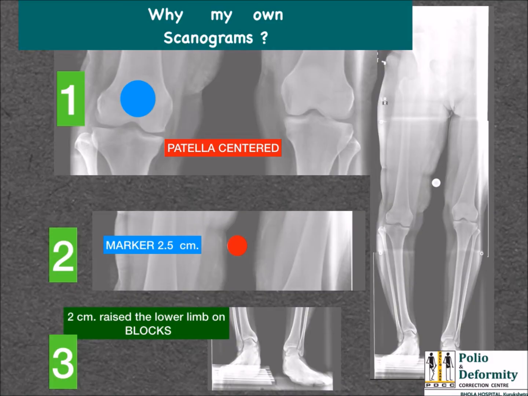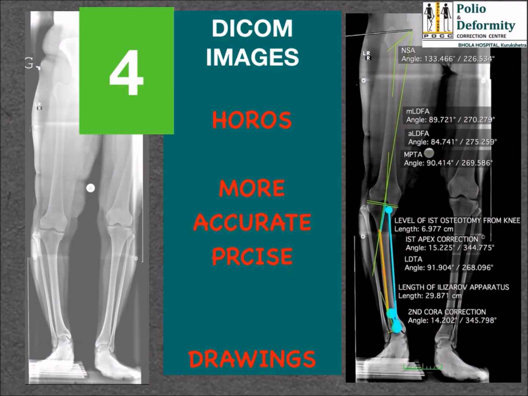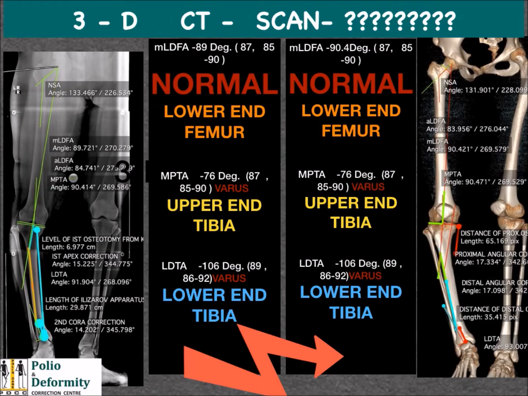Let us calculate, is there any difference from the slightly off-center patella? Another advantage is that I can get the DICOM images from this, and on Horos software we can accurately and precisely draw the drawings. What happened? Dear friends, to my surprise, now the MLDFA is 89 degree.